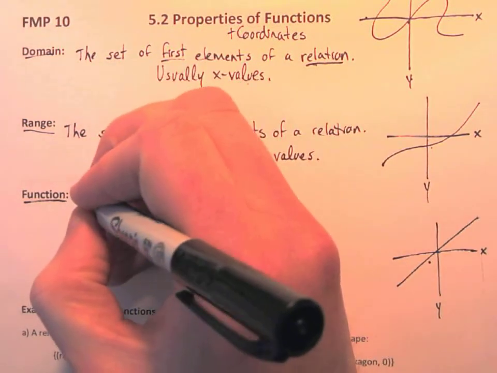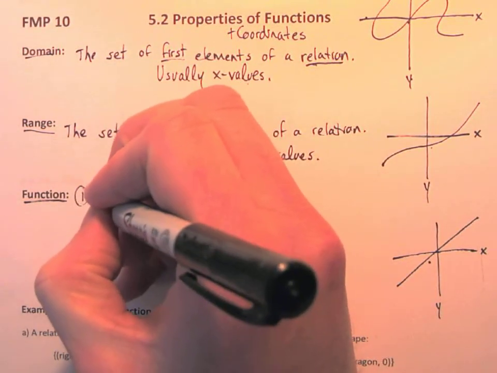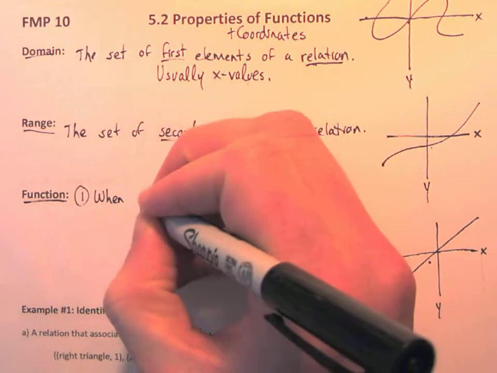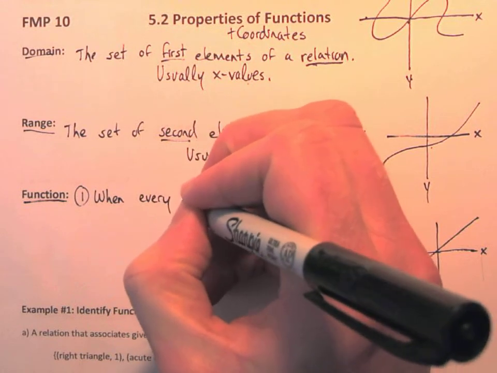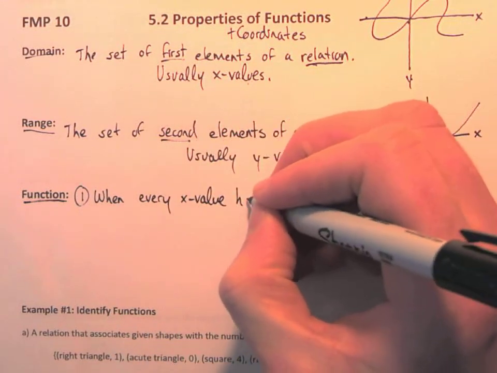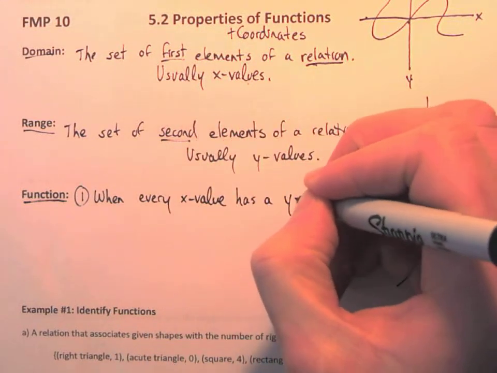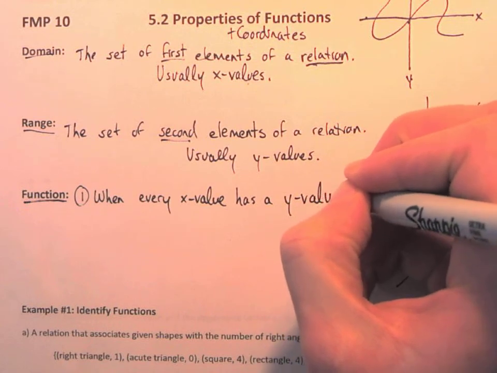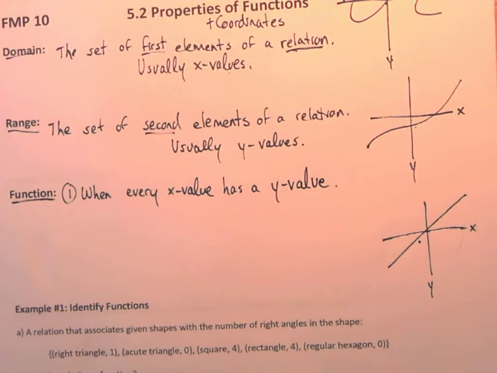So the two things that you need to know is when every x value has a y value. If every x value you have has to have a y value, it can't have no y value.